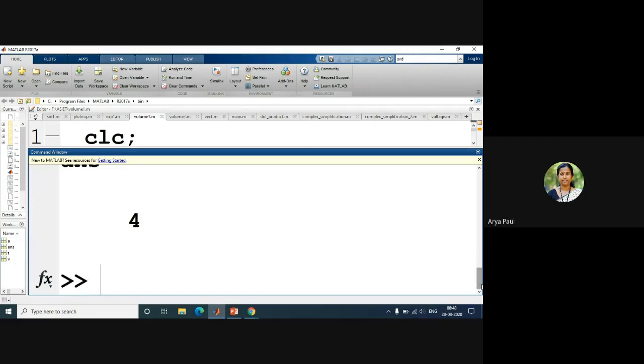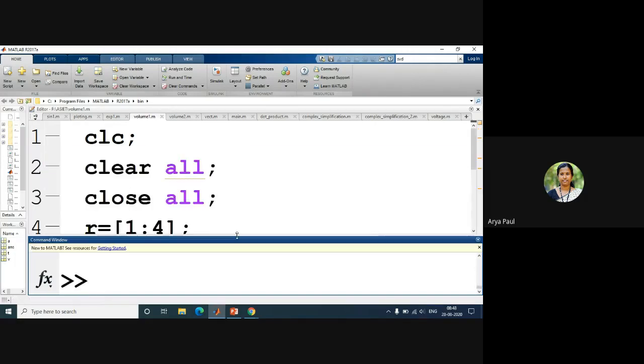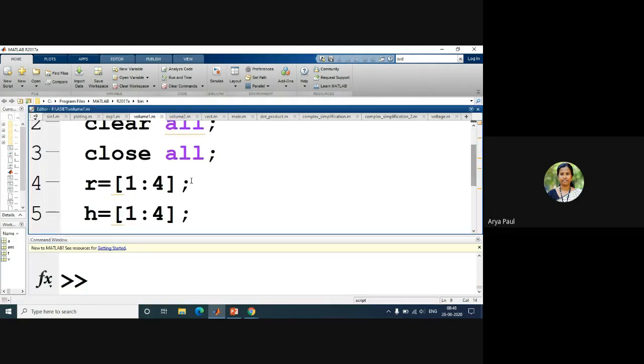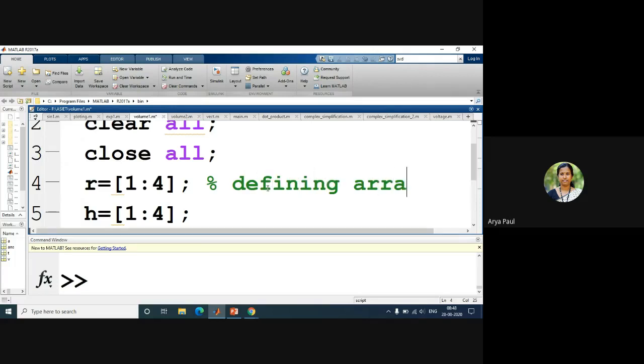So length, minimum and maximum are very useful in our computations. Please understand this. Next, in order to write a comment, you can just type the percentage symbol.